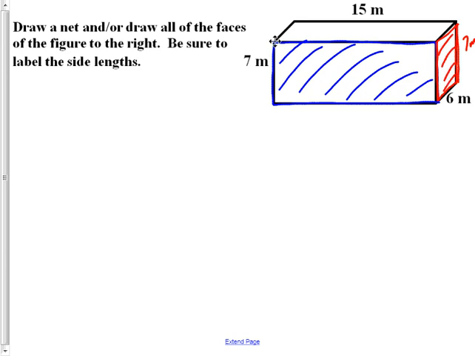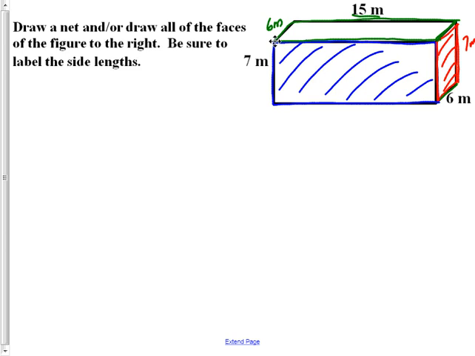And then if we want to cover the top, we're going to do a piece of paper that's 15 meters because it matches this one, by 6 meters because it's going to match that edge. So that's going to be a rectangular face that's going to measure 15 meters by 6 meters. And keep in mind this is a three-dimensional figure.